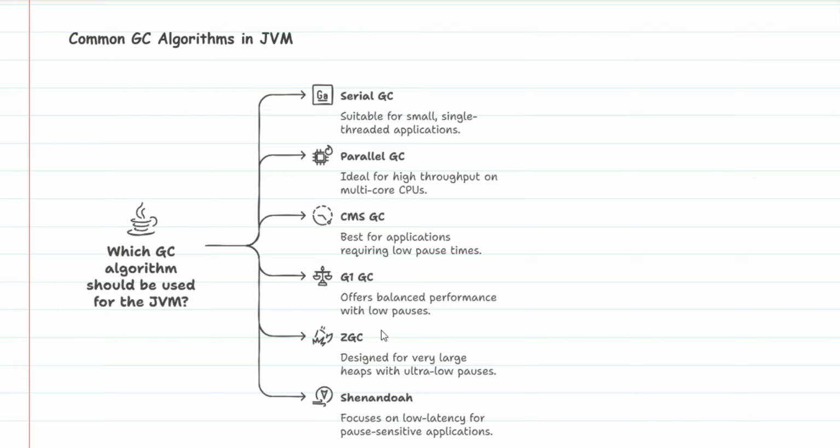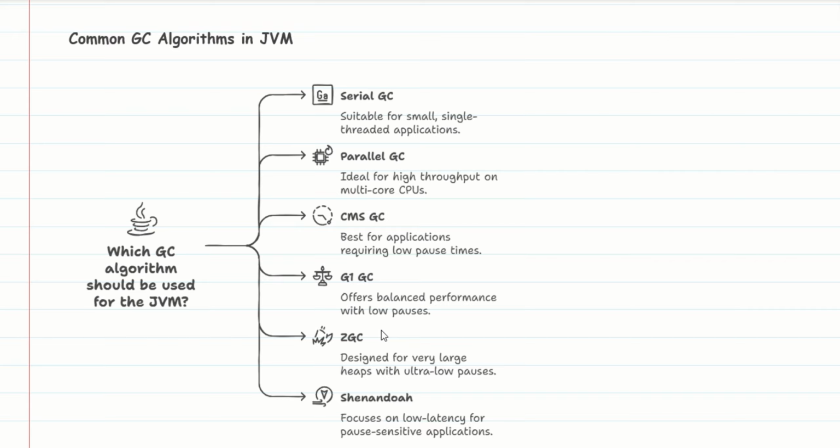It is deprecated because it has long pauses. And G1 GC, the Garbage First algorithm. It's the default in Java 9 plus versions, and it's balanced performance with low pauses. Again, we have ZGC, the Z garbage collector, for Java 11. It's best for very large heaps and ultra low pauses.